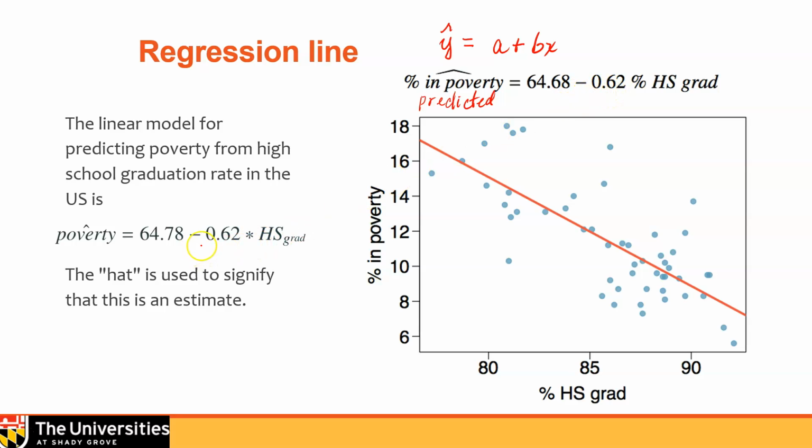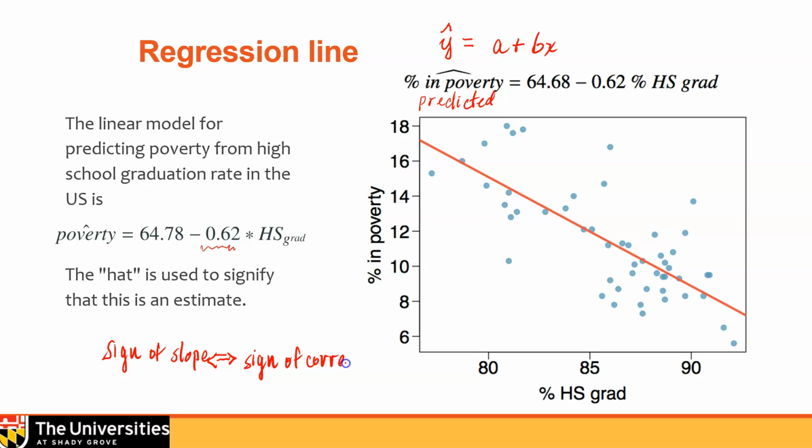And I want you to notice that the slope in this case is negative, which is consistent with our correlation coefficient. Just a reminder, the sign of the slope will be the same as the sign of the correlation.